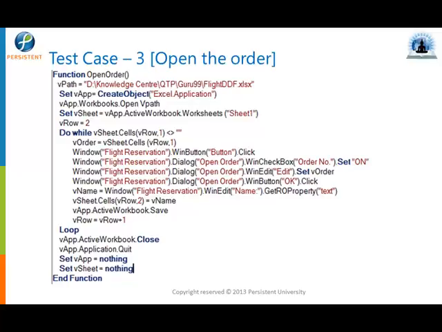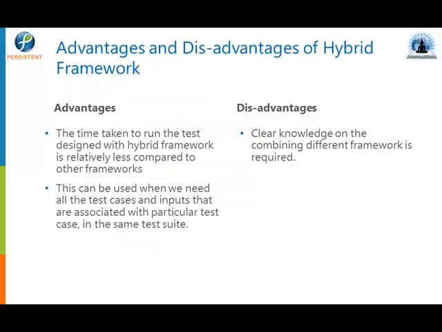If applicable, all the other test cases can also be parameterized in the same test. Above example is a very simple way of designing hybrid framework. The same framework can also be achieved with descriptive programming. Let's summarize advantages and disadvantages of the hybrid framework.